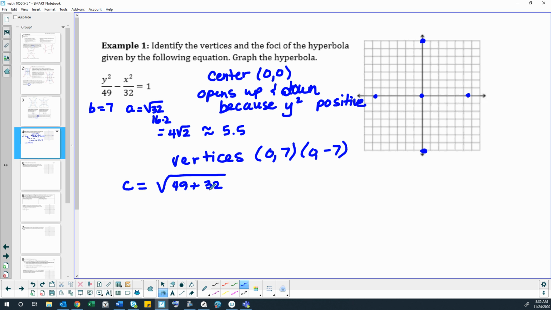So yeah, 32 plus 49 if you prefer. Those add up to 81. So the square root of 81, which is a beautiful 9. So our c value is going to be up here, 2 away from our vertices. So that would be foci located at (0, 9) and (0, negative 9).